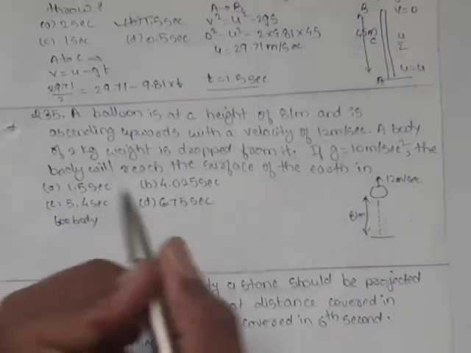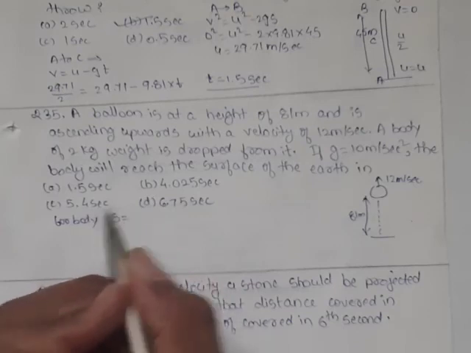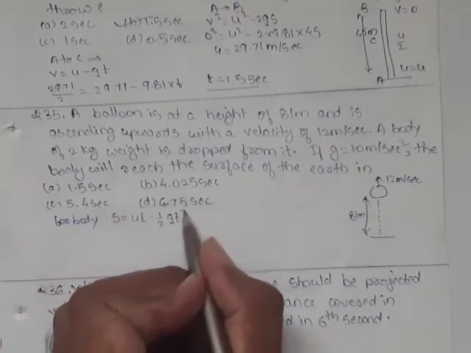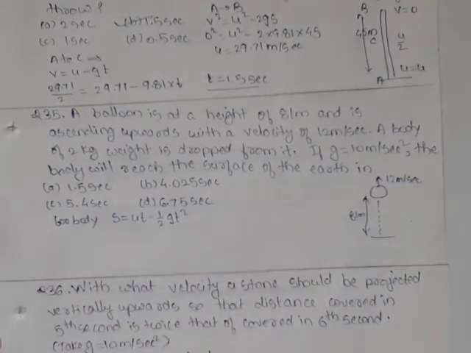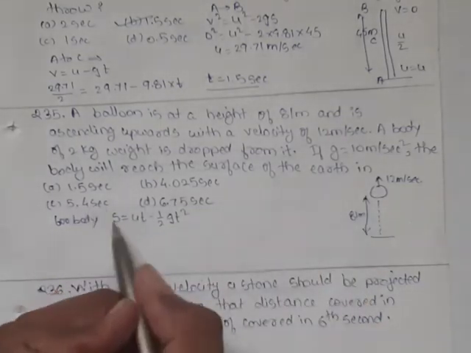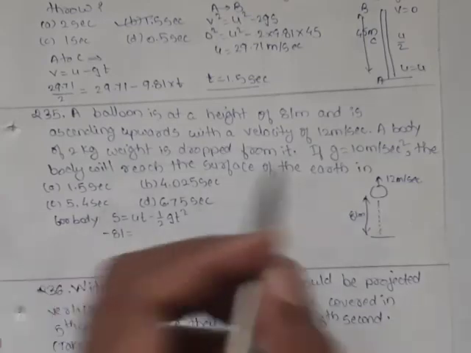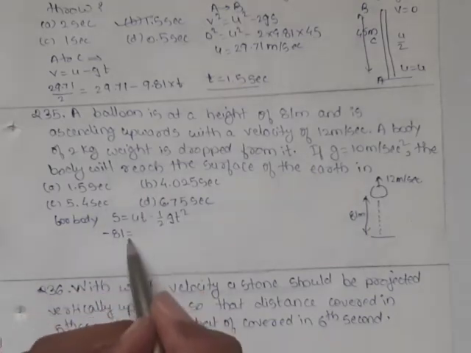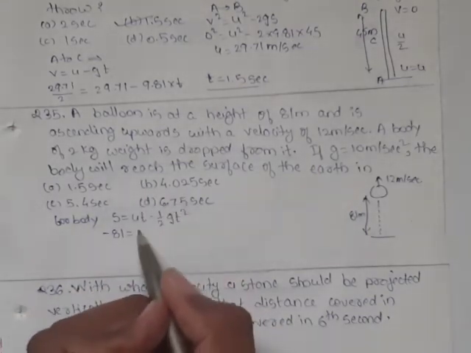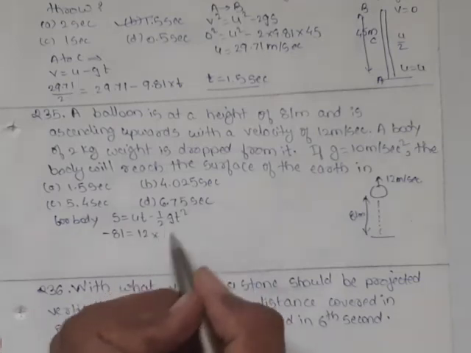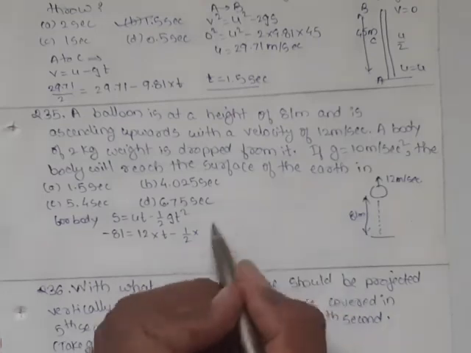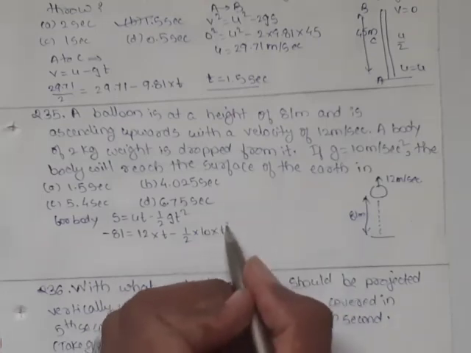So for the body, we will use our second kinematical equation, S equal to ut minus 1 half gt square. Here we have to take minus. Distance traveled will be again minus 81, because the balloon travels upward and the body is moving downward. They are both traveling in opposite directions. So displacement is minus 81. Initial velocity u is 12t minus 1 half into the value of g, given as 10, into t square.